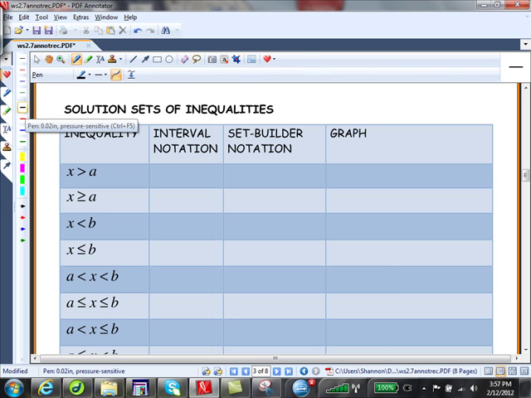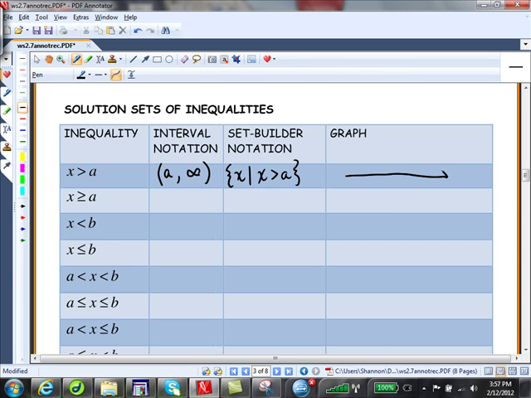All right, so this is what everything sort of looks like here. For x greater than a, a would not be included. It'd be the left endpoint, and we'd be going to infinity. If we're going set builder, we'd be saying x such that x is greater than a.